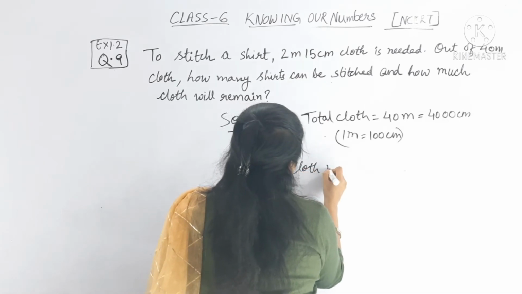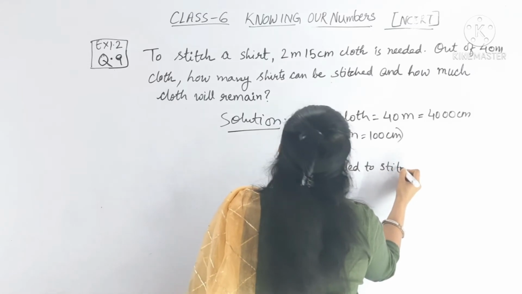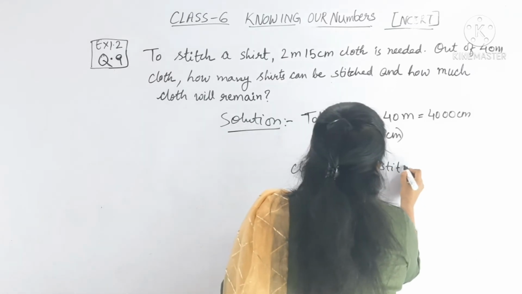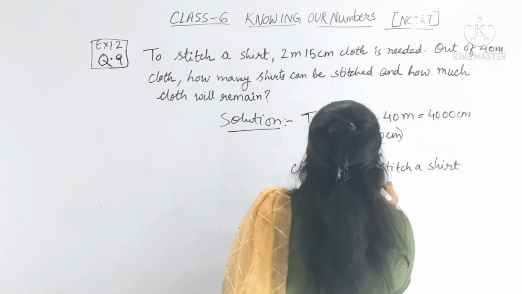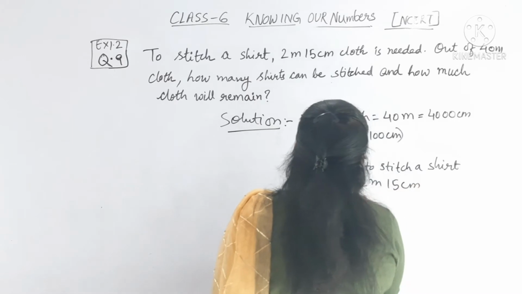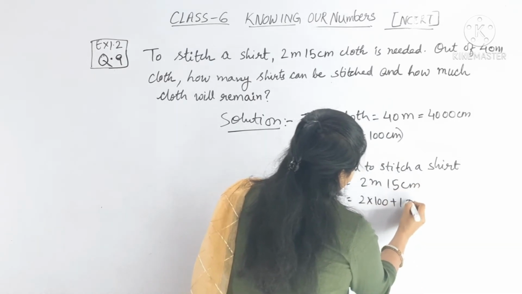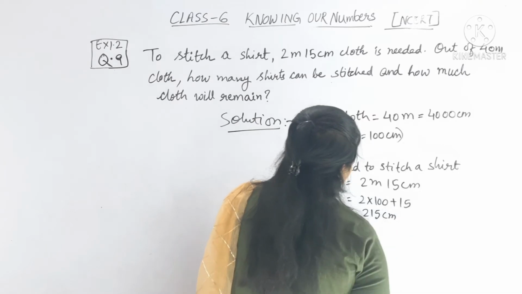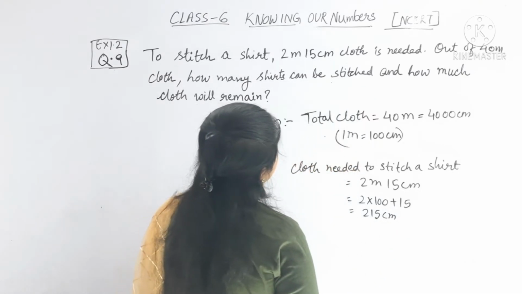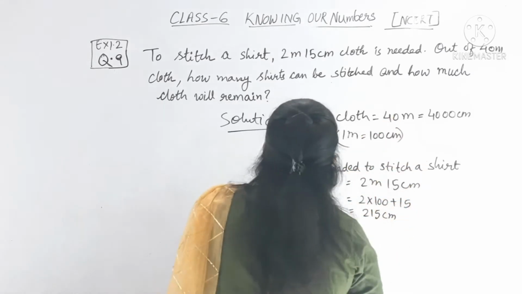Cloth needed to stitch a shirt is equal to 2 meter 15 centimeter. So 2 meter we can write as 2 into 100 plus 15 centimeter, that is 200 plus 15 will be 215 centimeter. We are converting the meter into centimeter here.